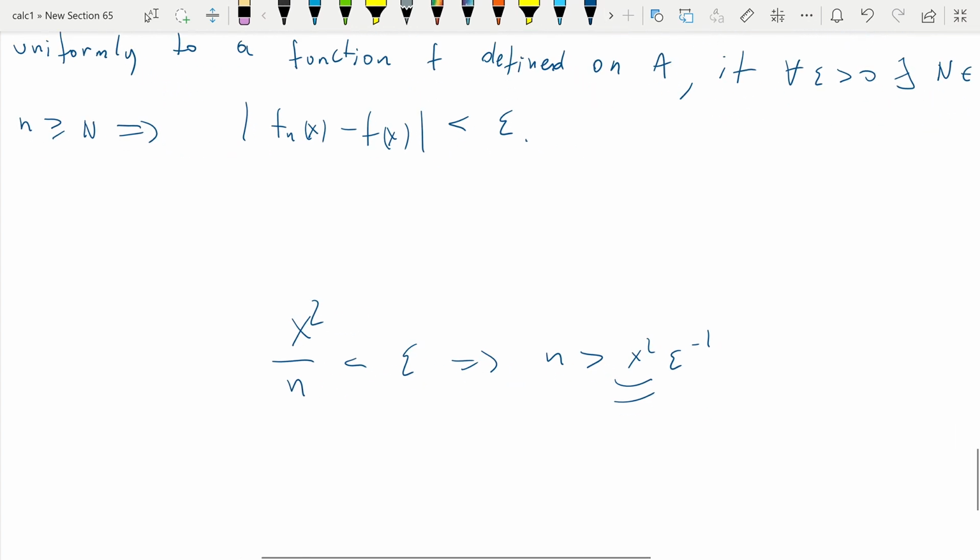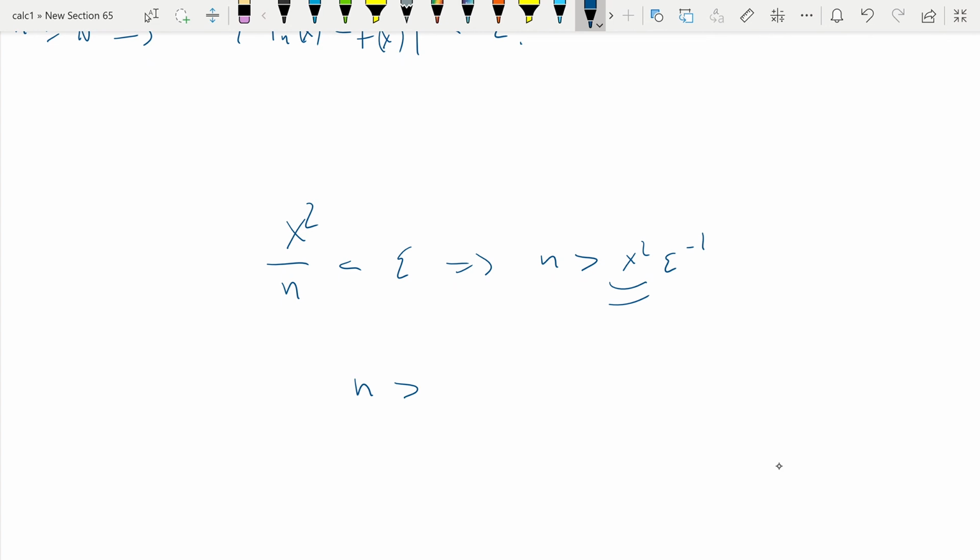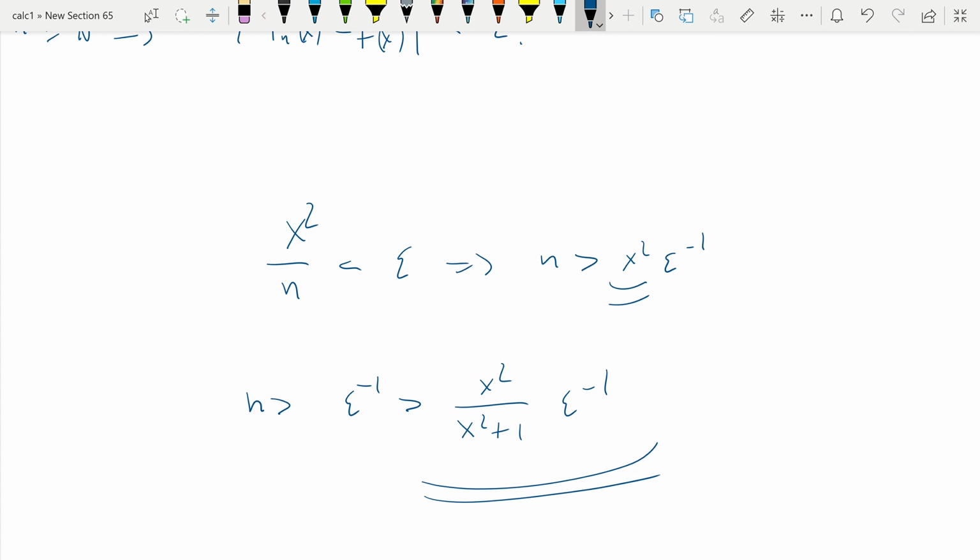If instead you had a situation where you had to pick, say, n greater than x squared over (x squared plus 1) times epsilon to the minus 1, that could be made uniform, because you know that this quantity is smaller than just epsilon to the minus 1. So if you choose n bigger than epsilon to the minus 1, then n is certainly going to be greater than this quantity, which is what you're interested in, and your conditions are going to be satisfied.